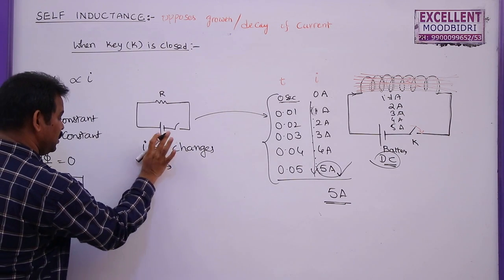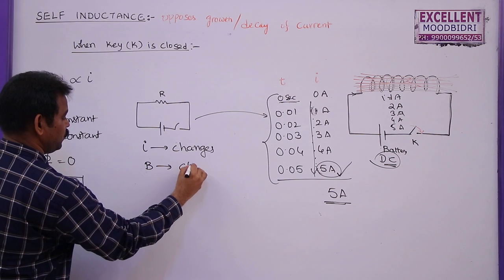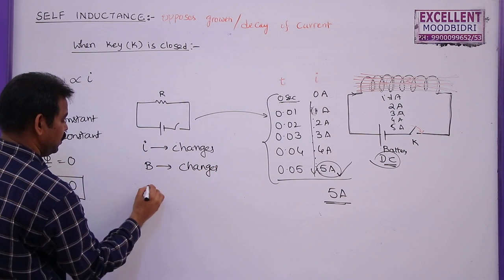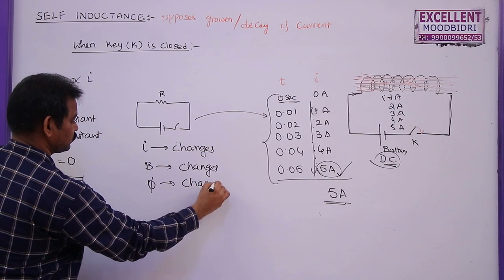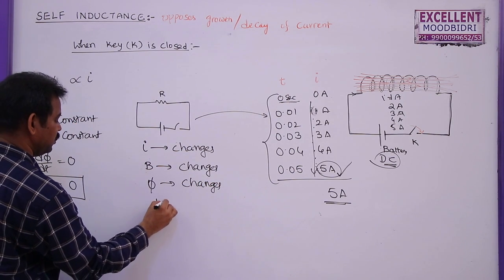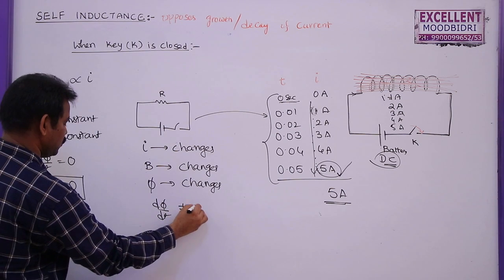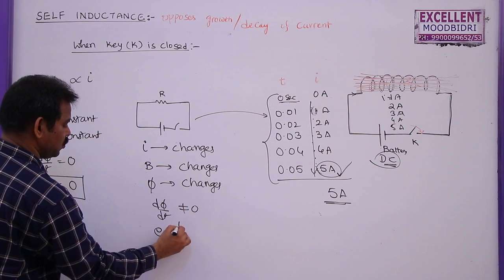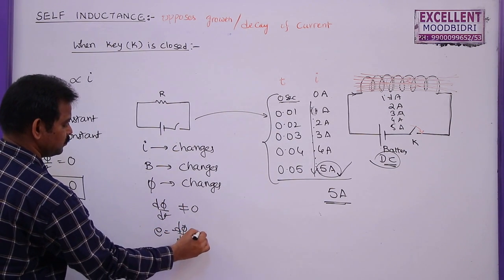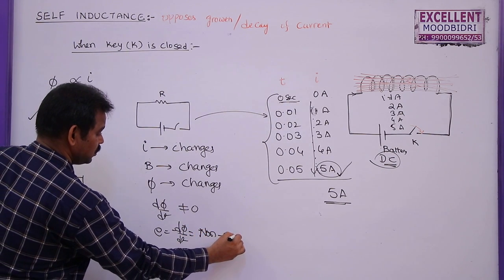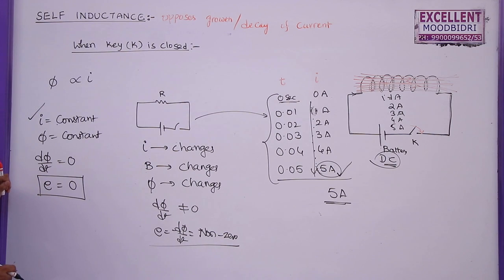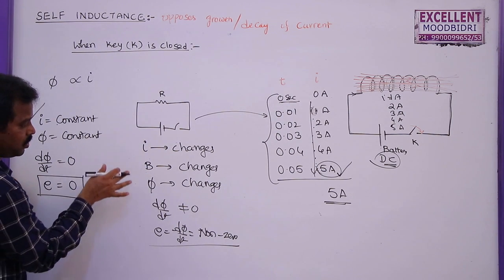Because the magnetic field B through that coil changes, and so the flux through the coil changes. As a result, d phi by dt is not equal to 0, as E is equal to d phi by dt or minus d phi by dt. So this is a non-zero value. That means EMF will be induced in the coil. So these are the different points that you have to remember here.